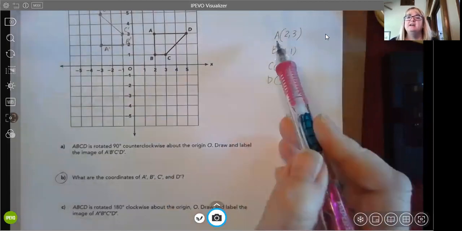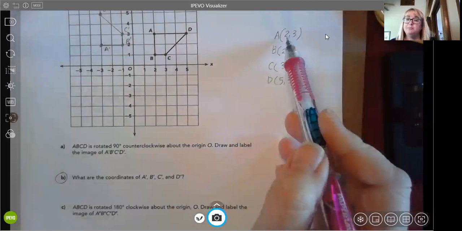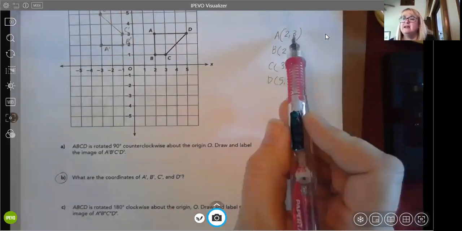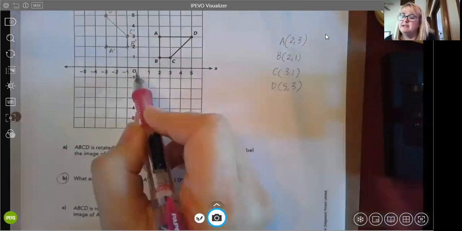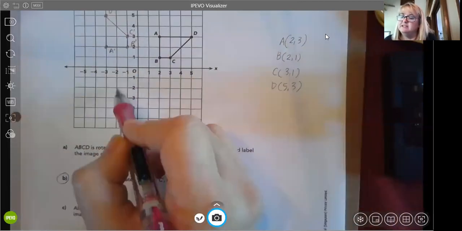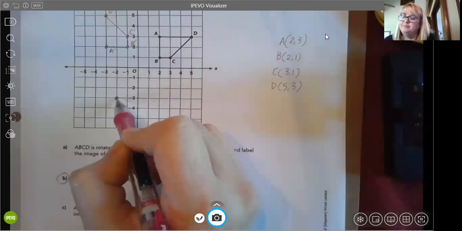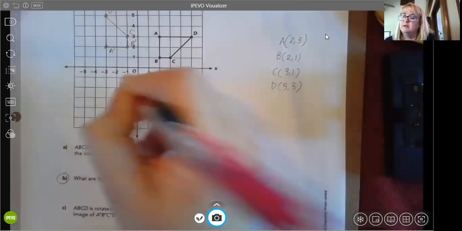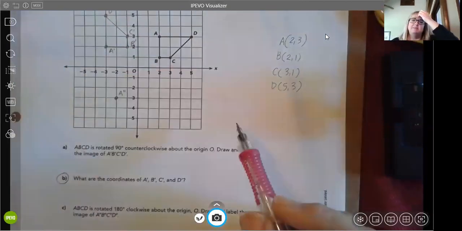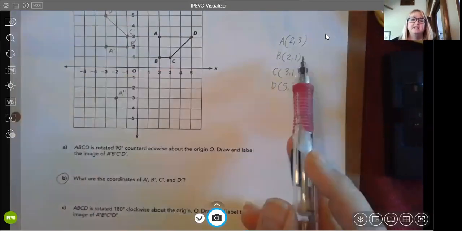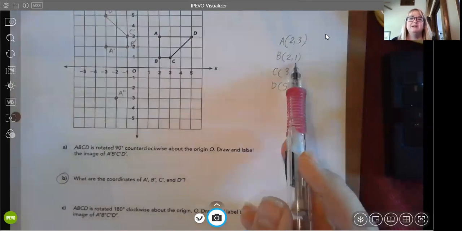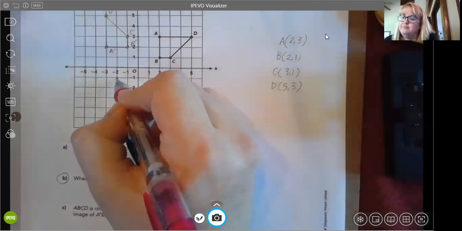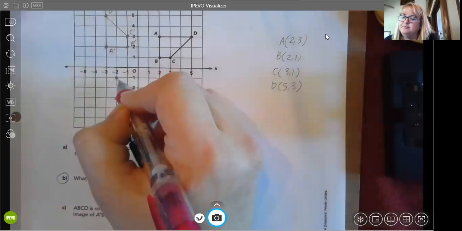So A, instead of (2, 3), we're not switching places, we are making them opposite. So it's (-2, -3). So we're going to go back 2, down 3. This is A double prime. B double prime. Instead of (2, 1), (-2, -1). B double prime.